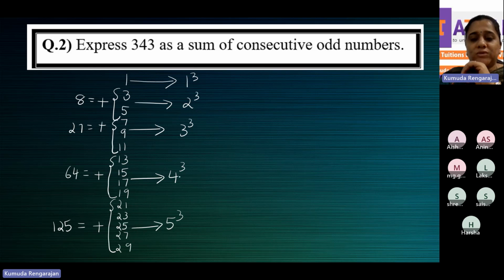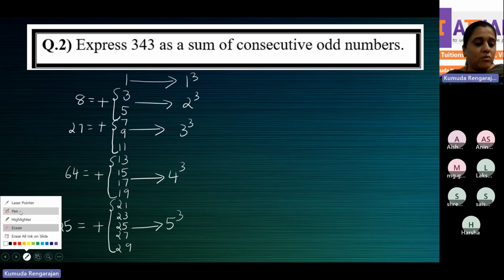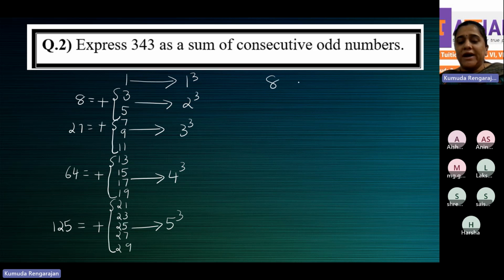Now, for example, 4 cubed, which is 64. Let me write that for you. What is 8? 8 is equal to 3 plus 5, the sum of these 2 consecutive odd numbers.